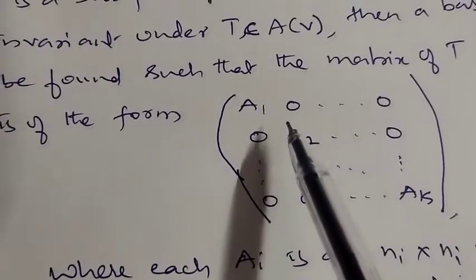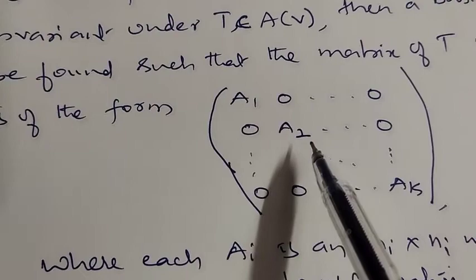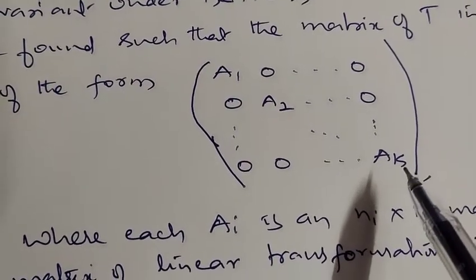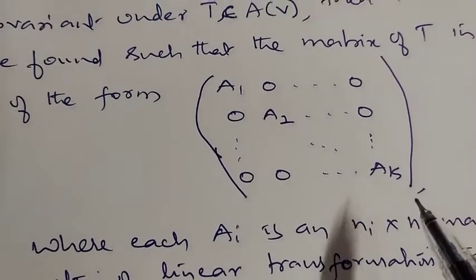That means A1 is the matrix of T1, A2 is the matrix of T2, etc., and Ak is the matrix of Tk. This we have already proved.